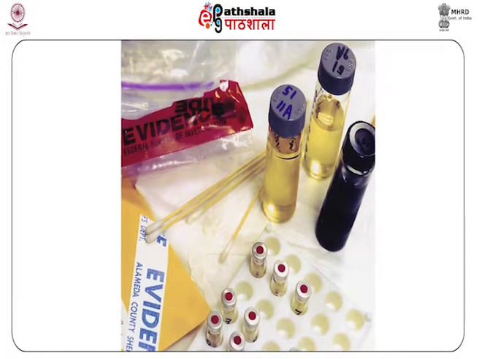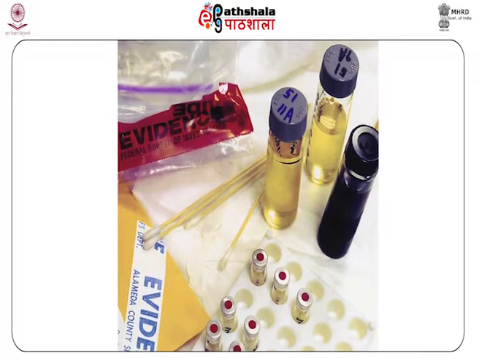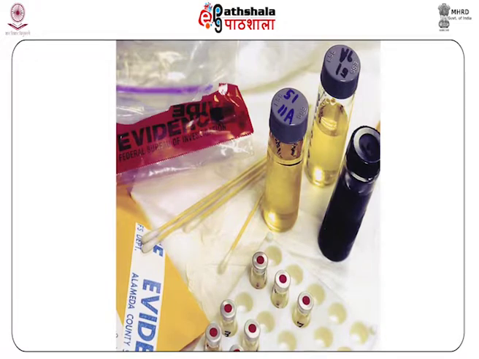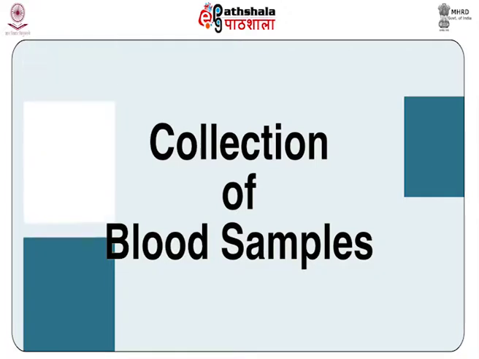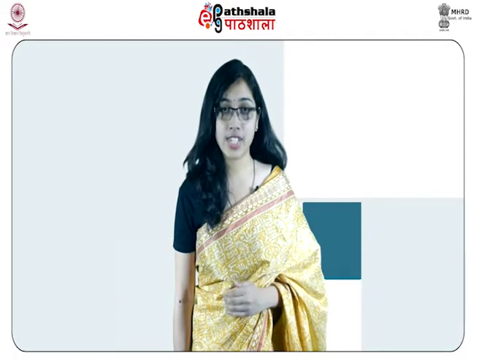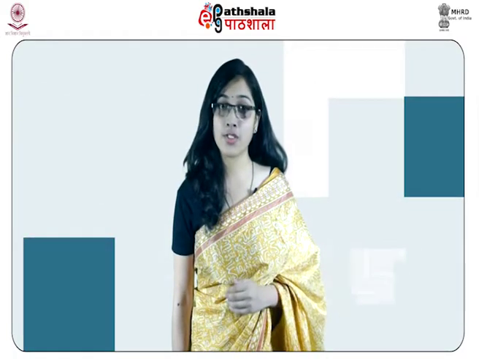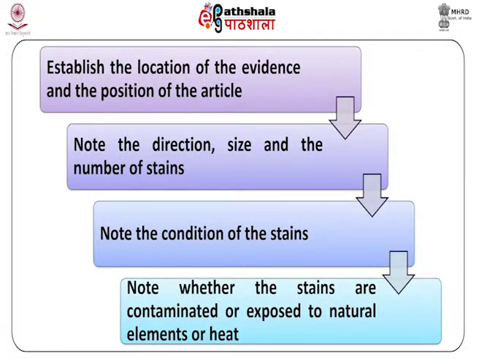The state and condition of the evidence is always kept in mind before application of appropriate method of collection is carried out. Now, we will study about the collection of blood samples. When collecting blood evidences, the investigating officer should establish the location of the evidence and the position of the article with respect to other stationary objects at the scene through copious notes, sketches and photographs.